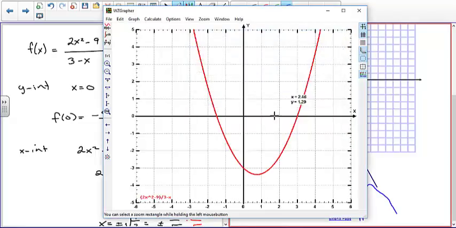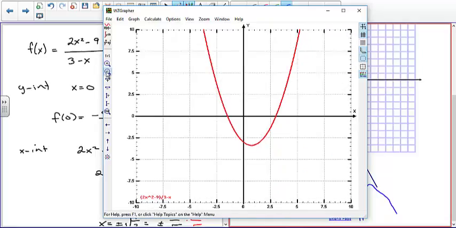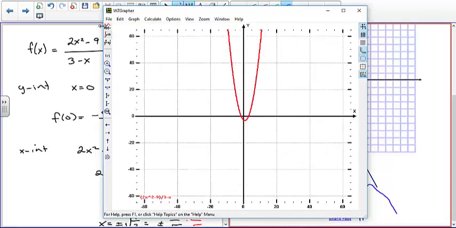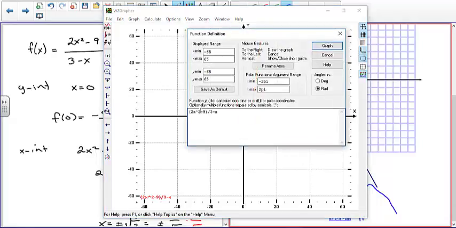And we graph the thing, and okay, so I must have done something wrong here, because that doesn't look right. It was 2x squared minus 9. I'm not sure why it's not showing the 2 in there.